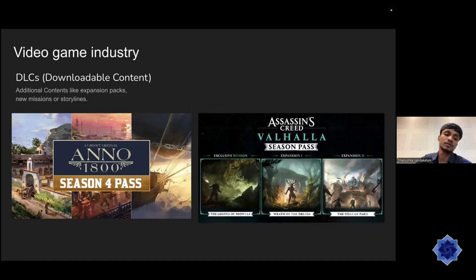These are expansion packs or additional content released by the game developers. So the end consumers, or the players, can buy those DLCs and expand further. Right? There is a base game that they have to buy, but additionally, once they finish the game, or if they like to explore it more, they can buy these DLCs and explore further. Right? This is another revenue generation stream.